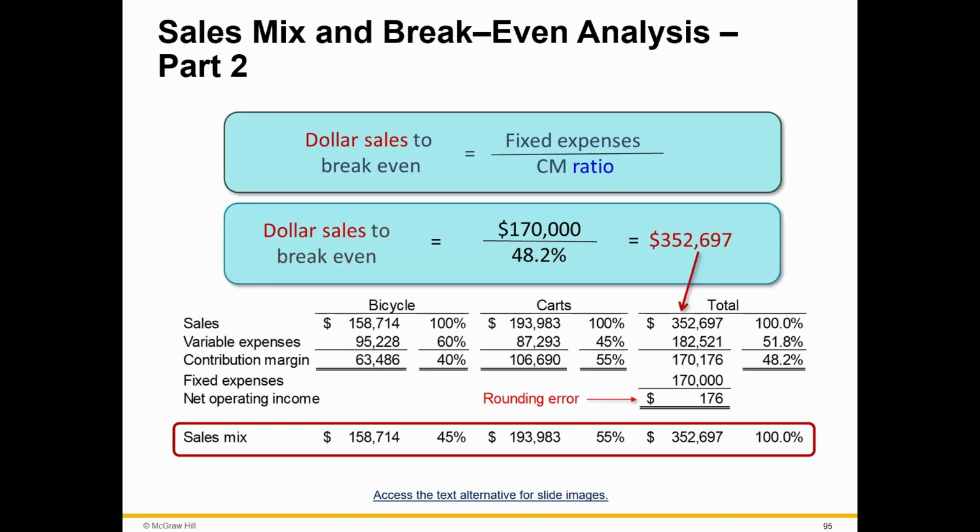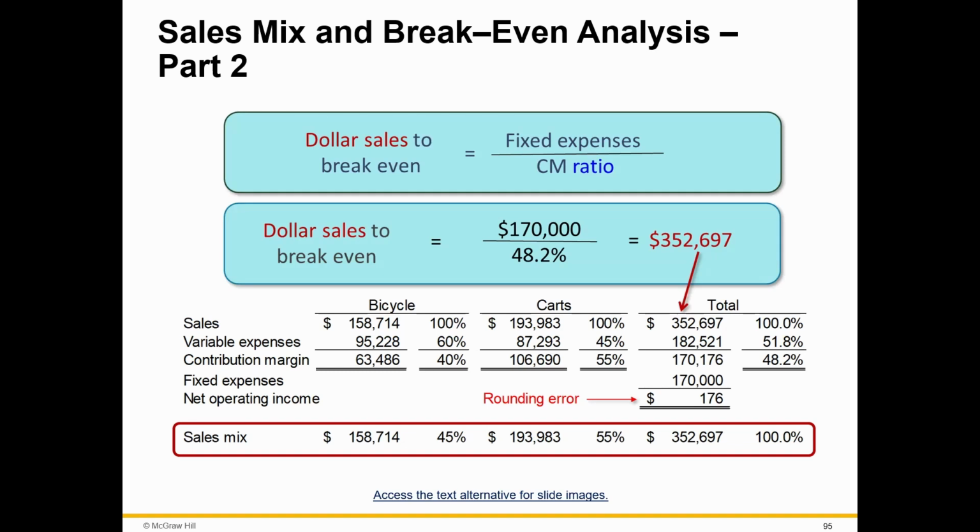So then we can calculate the break-even point for sales, which would be 352,697. The bikes would account for 45% of this amount, or 158,714. The carts would account for 55%, or 193,958. Notice a slight rounding error of 179, so it doesn't work out exactly.